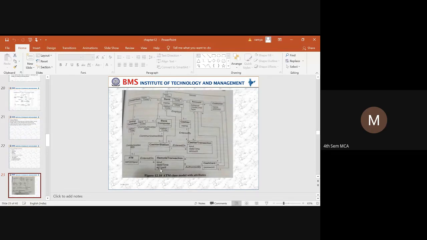Next, a remote transaction will be performed based on the date and time. All these remote transaction details will be gathered with the help of an account, where that particular account belongs to a particular bank. So that is how we analyze the ATM class model along with the attributes.